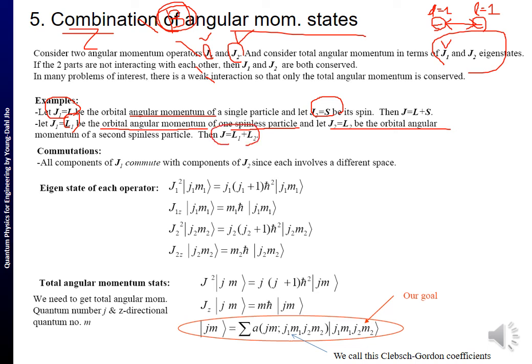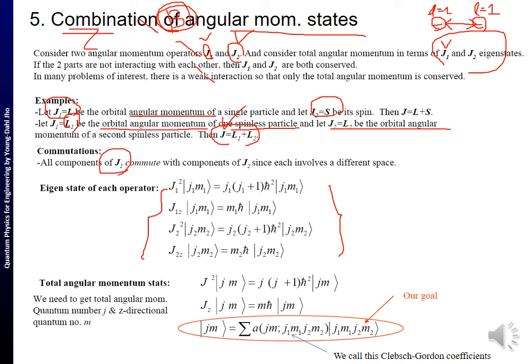Then now you need to consider their coupled state. Then you need to consider total angular momentum J. And the same rule for J is applicable, just like we applied it to angular momentum.